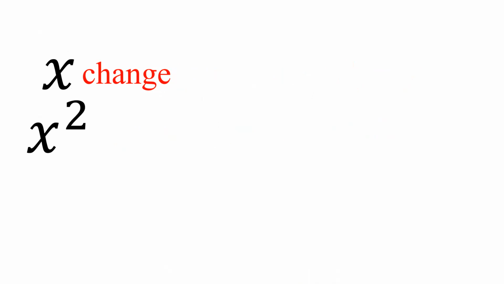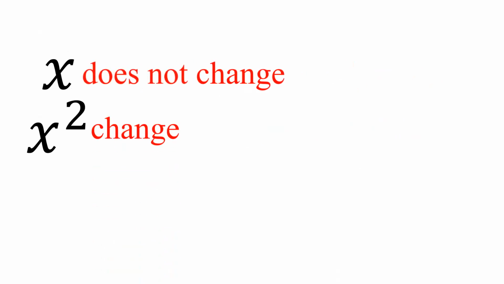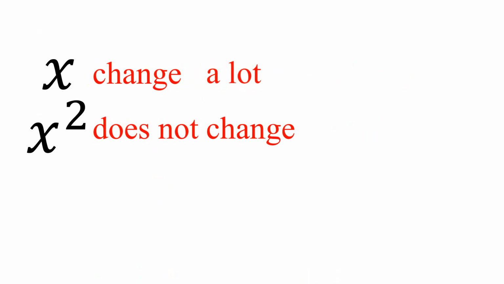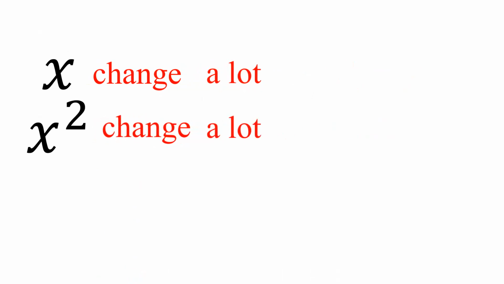When x changes, x squared will change as well. When x does not change, x squared does not change. And when x changes a lot, x squared changes a lot as well. So it's clear that x squared is vastly influenced by how much x changes.